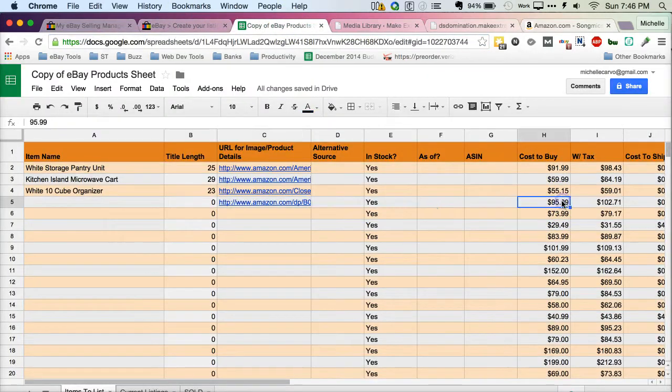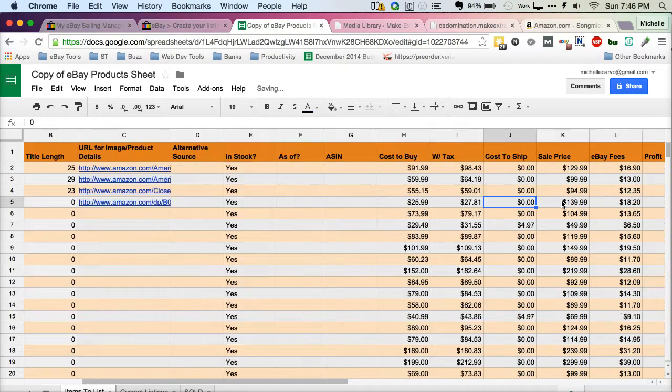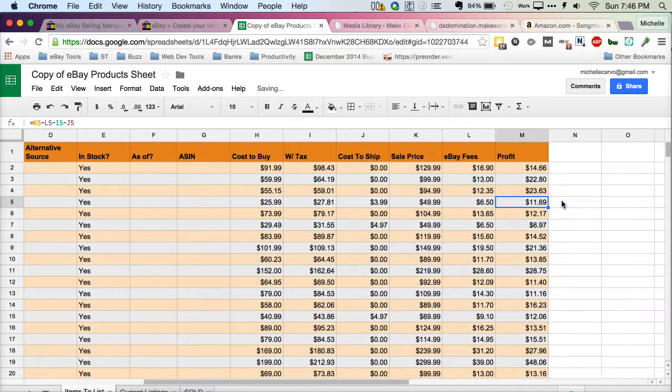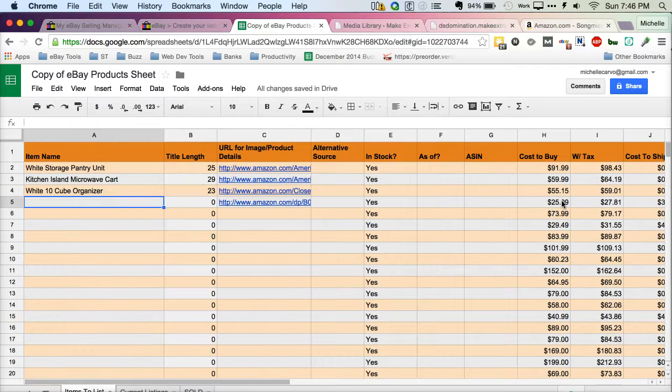So it's $25.99 the cost to buy, and the cost to ship, we'll just say $3.99. If we mark it up to $45.99, that's going to give us a nice $8 profit. And we'll just say shoe rack. Okay, so we got 4 items.